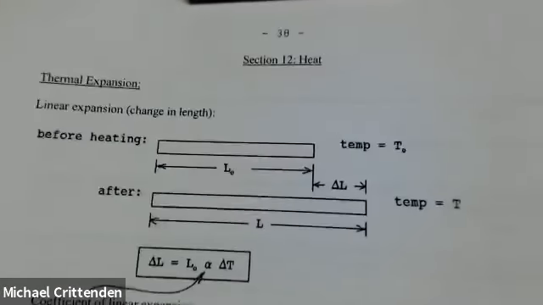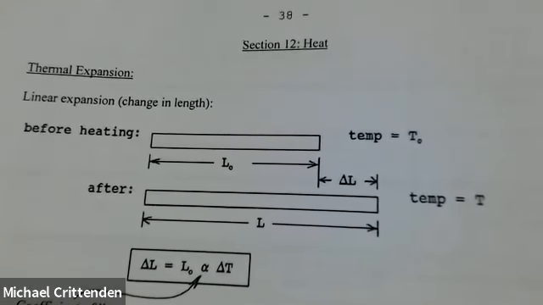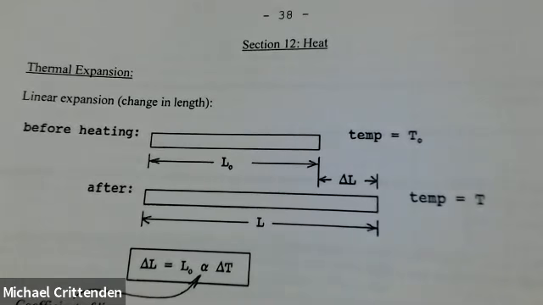Anyhow, what you do in the lab is that rod I just showed you is inside of a pipe, and you blow steam through the pipe. So the temperature of the rod increases from room temperature, where it started out, up to approximately 100 degrees Celsius, which is the temperature of the steam.